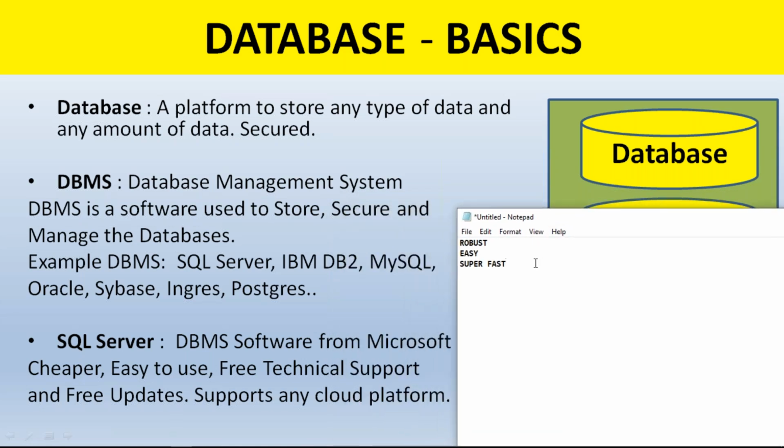What is the DBMS? It's a software to store, secure, and manage databases. I repeat again: Excel needs MS Office, and in the same way, a database needs a software called DBMS, Database Management System.